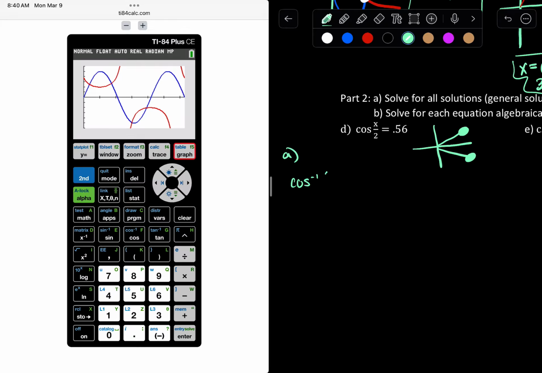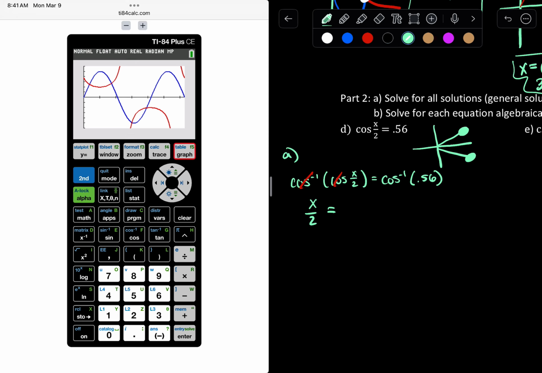So I have inverse cosine of x over 2, and that is equal to inverse cosine of 0.56. So obviously on the left side, the inverse will undo cosine, so I'm left with x over 2, which is equal to inverse cosine of 0.56. Now, this is the exact value.